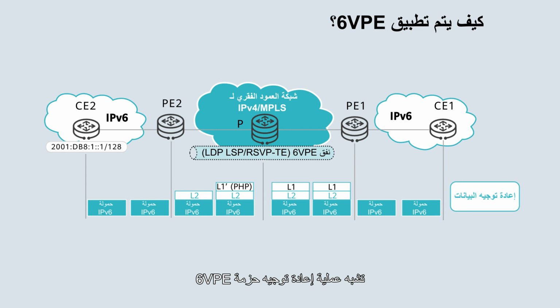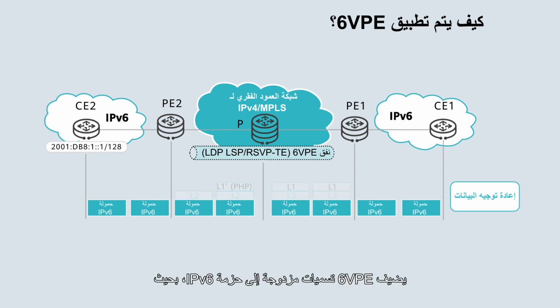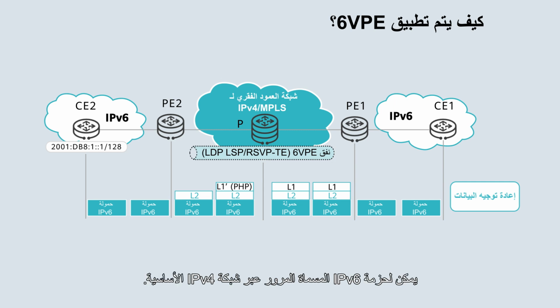6VPE packet forwarding is similar to BGP or MPLS IP VPN packet forwarding. 6VPE adds double labels to an IPv6 packet so that the labeled IPv6 packet can pass through the IPv4 core network. The outer label is an MPLS tunnel label, indicating how to reach the BGP next hop.